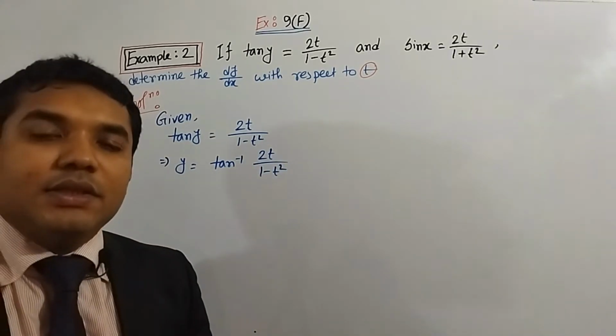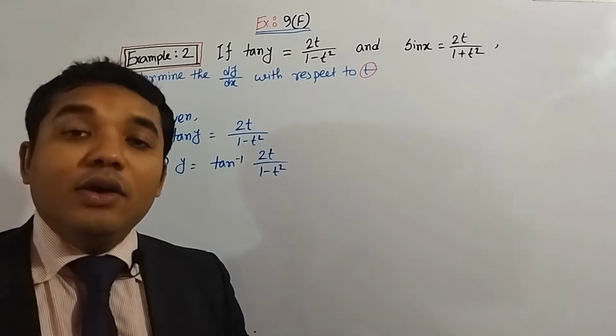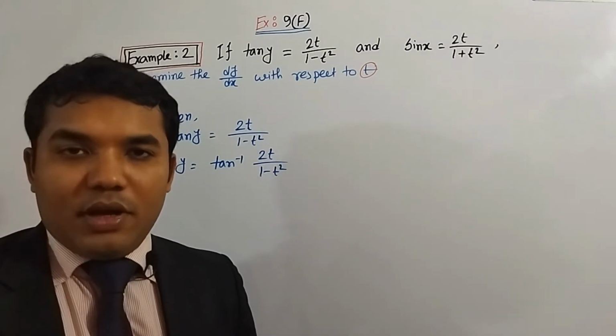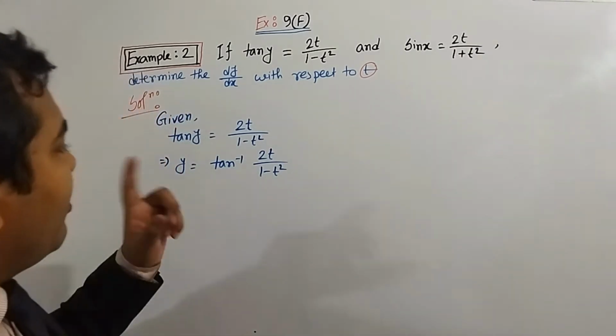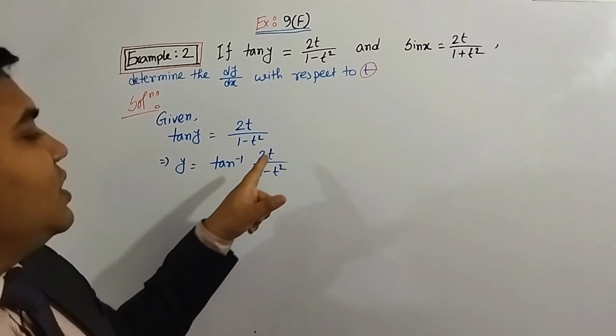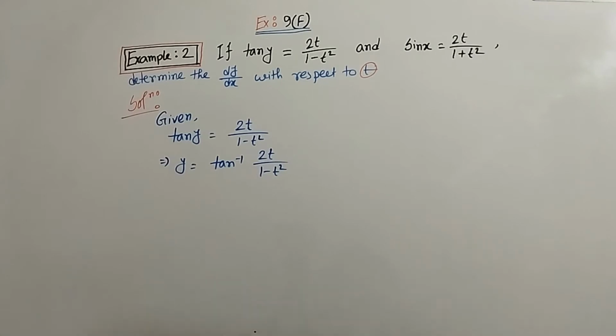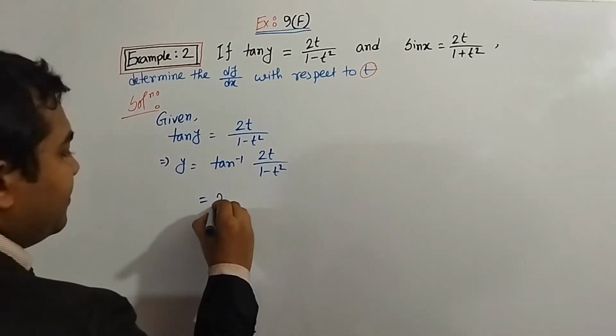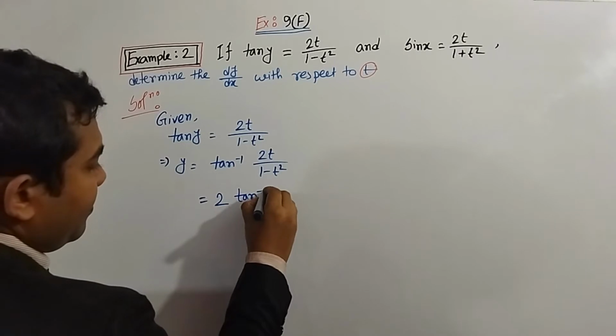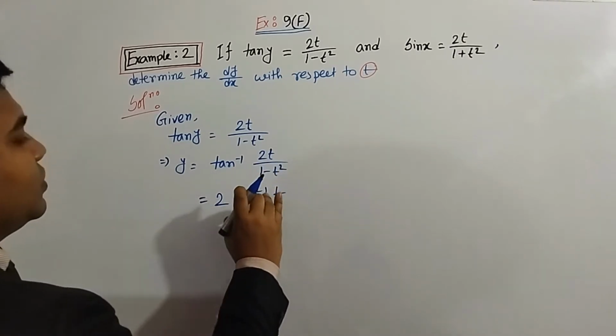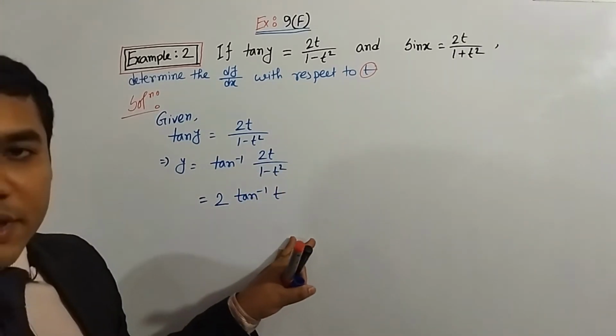Dear students, in our trigonometry section, when we were talking about formulas, I mentioned that tan inverse of 2t divided by 1 minus t squared is nothing but 2 tan inverse t.